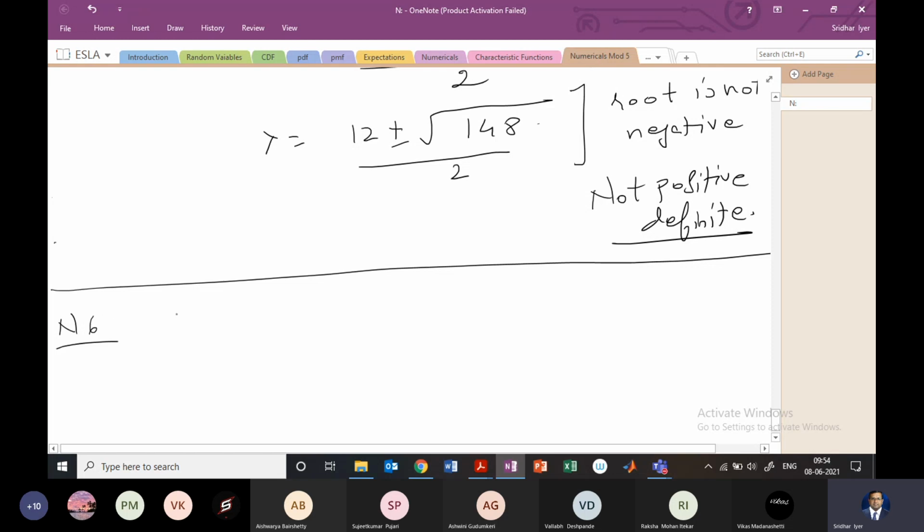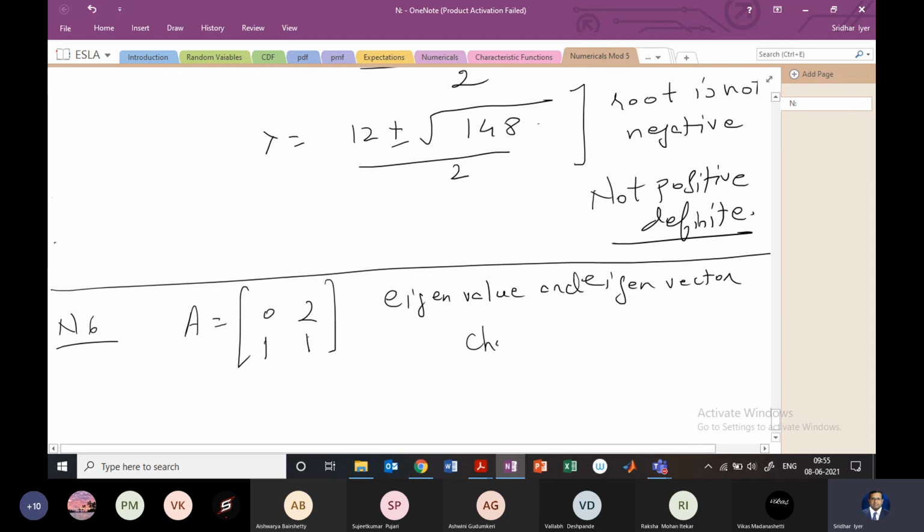The question is, find eigenvalues and eigenvectors of the matrix. The matrix which is given is A, which is 0, 2, 1 and 1. For this you need to find the eigenvalue and eigenvector, and also you need to check the trace.